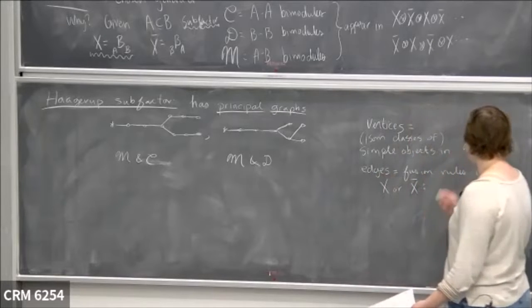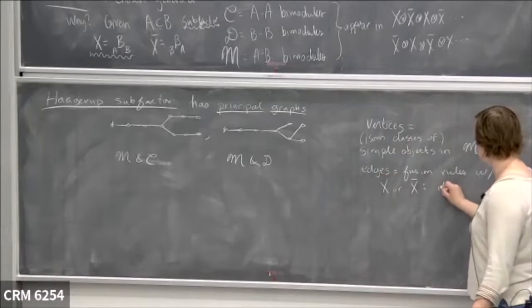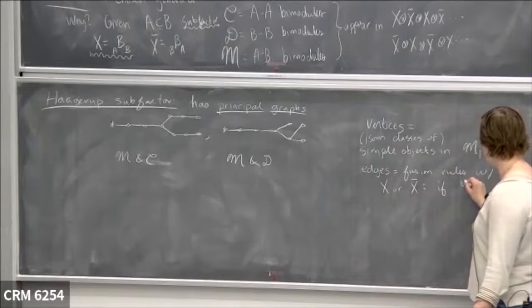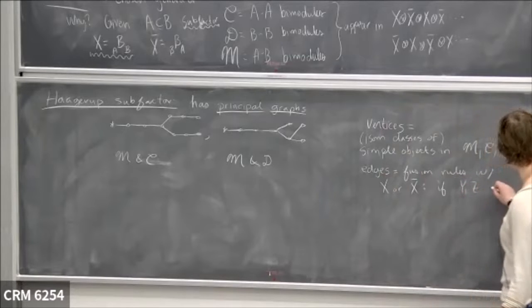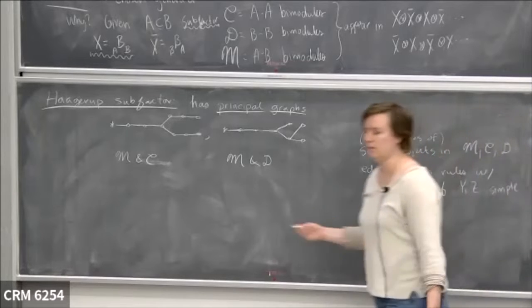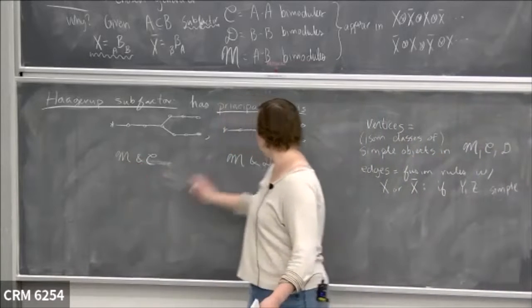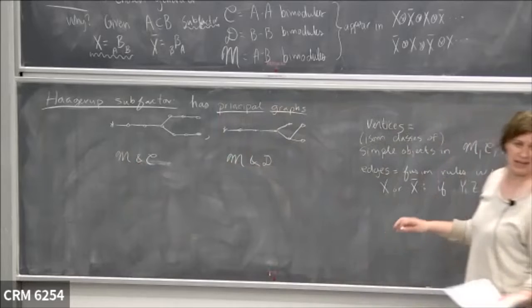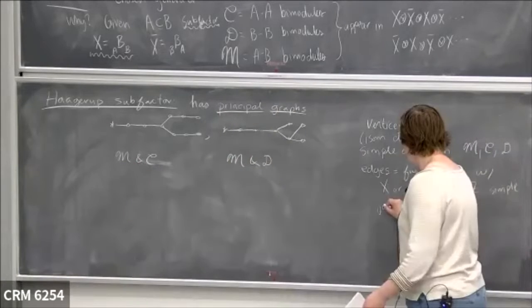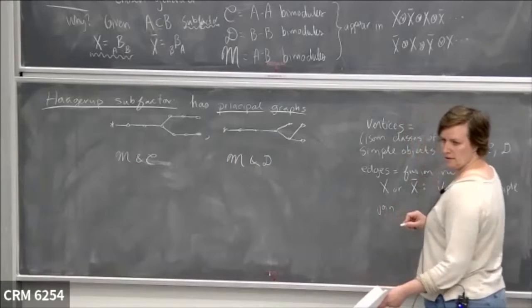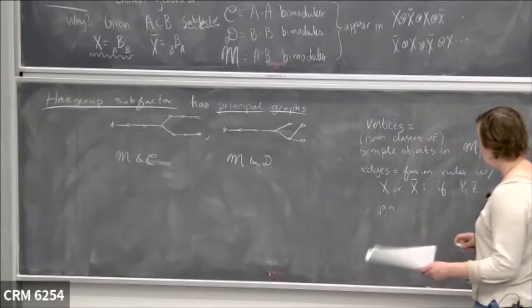Okay, and so what this means is that if Y and Z are appropriate simple objects, meaning one of them is in M, one is in C, or one is in M, one is in D, depending on the tensor we're doing. So these graphs are naturally bipartite. Yes, that's right.